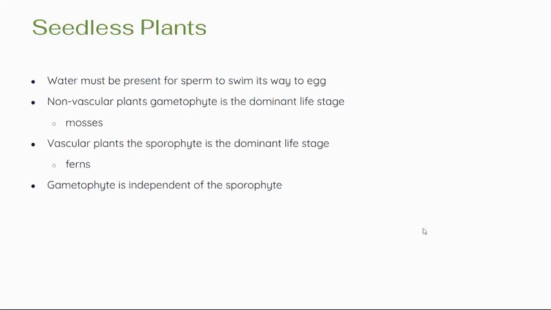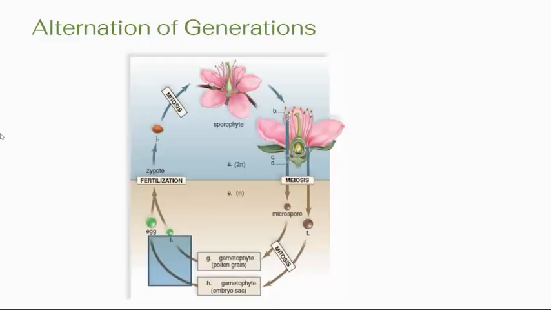Well, the difference is simple. Gametophyte dominant means that the gametophyte is the main part of an organism's life cycle. This part is extremely long and takes up the majority of the life. And for mosses that don't have vascular tissues, this is the case.